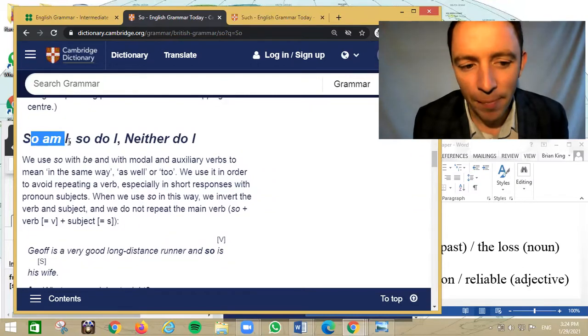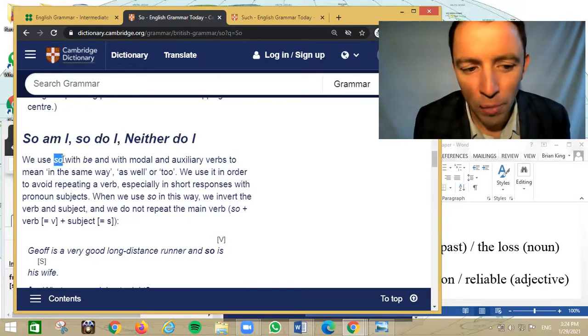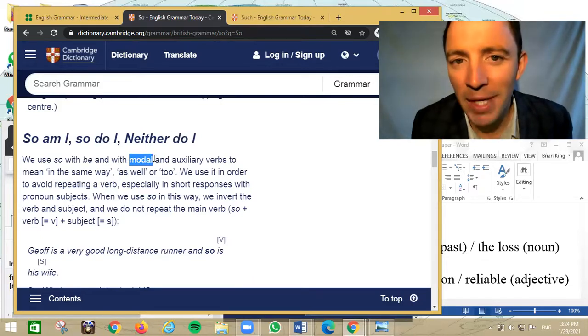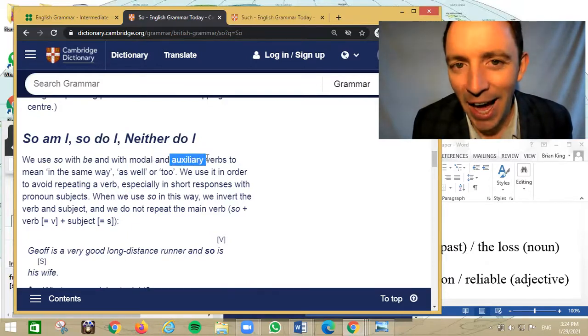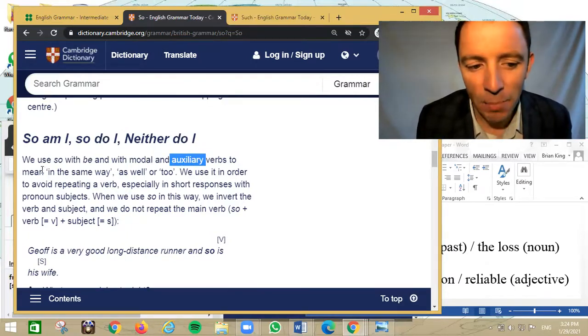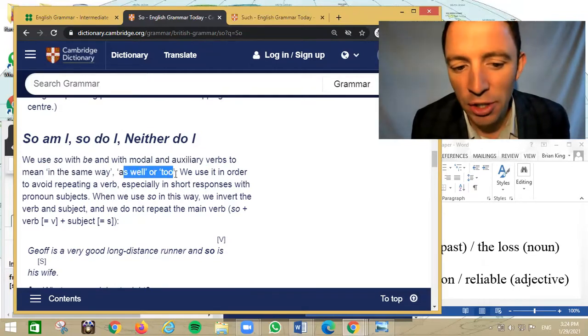So am I, so do I, neither do I. Okay, that's the negative. So the verb is to be, the verb is to do, and the verb is to do here. So here's the explanation. When we use so with be and with modal verbs can, may, might, must, should, ought to, and auxiliary verbs have and to be, it means in the same way, or also, as well, or too, okay?